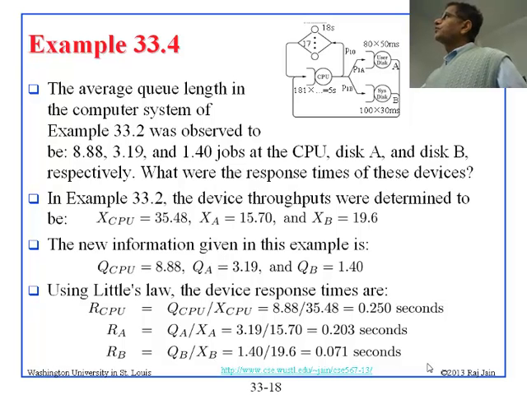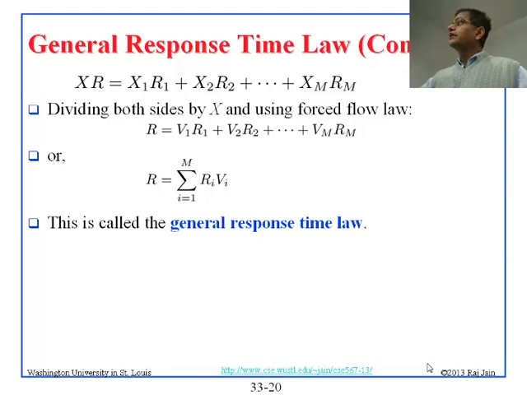And each job had to go through the CPU 181 times, and each time it took this much. You multiply by those visit numbers and you get the total time spent inside the system. That is your total response time. That's all we are saying here: the total response time is equal to the visits to device 1 times the response time at device 1, plus visits to device 2 times the response time at device 2, and so on.